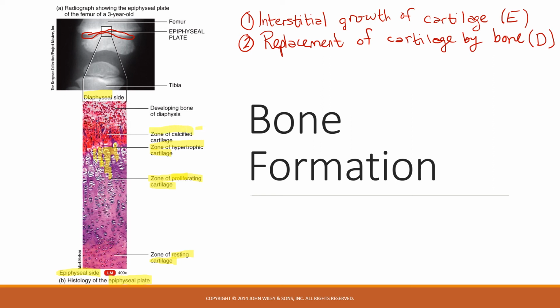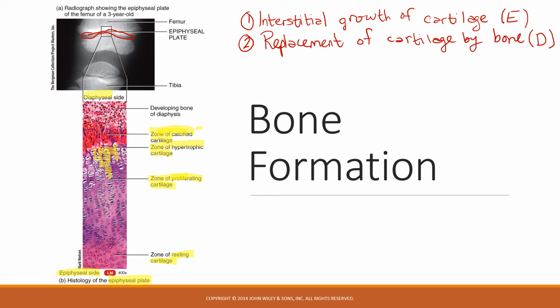Next, we have the zone of calcified cartilage. These consist mainly of dead chondrocytes because the extracellular matrix around them has calcified. The osteoclasts dissolve the calcified cartilage, and the osteoblasts and capillaries from the diaphysis will actually invade the area and replace the calcified cartilage by endochondral ossification, like we covered in the last slide.